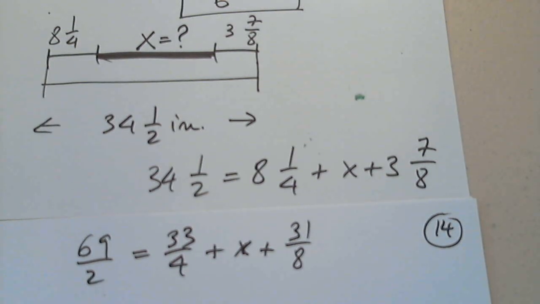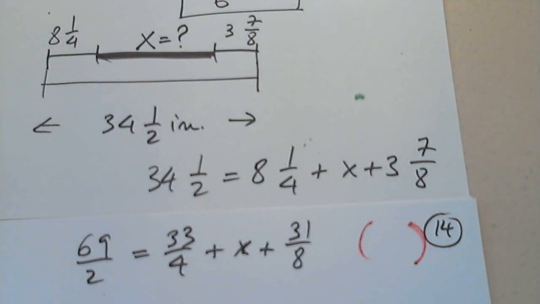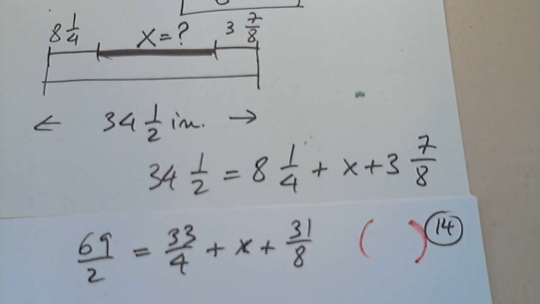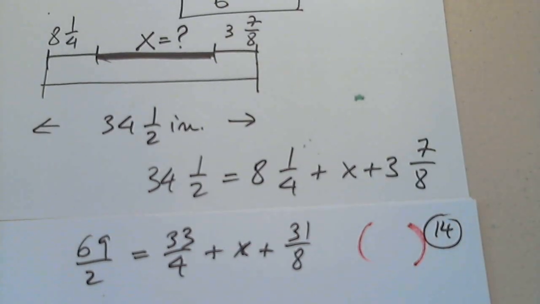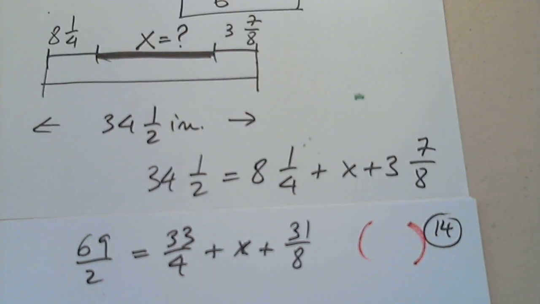Now, let's find the least common denominator as we did some time ago and multiply everything by that least common denominator and eliminate fractions in one blink. That's what we want. We want to clear the fractions ASAP. Good.